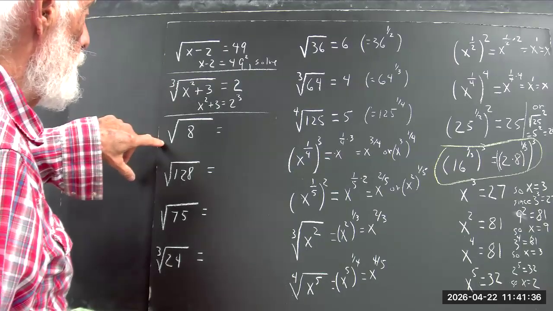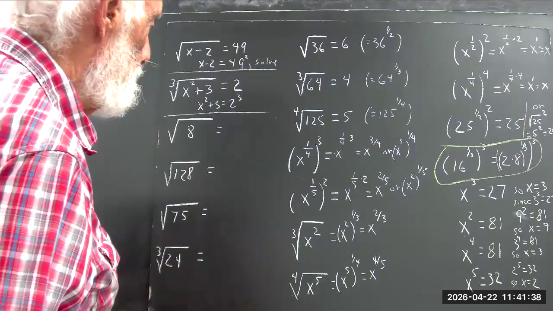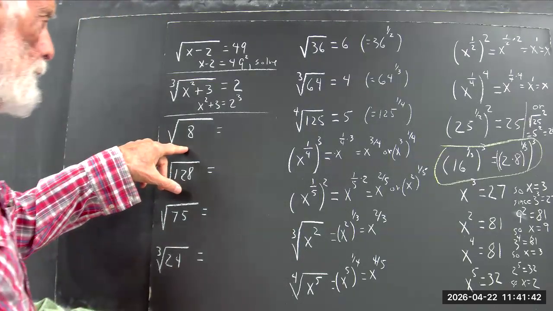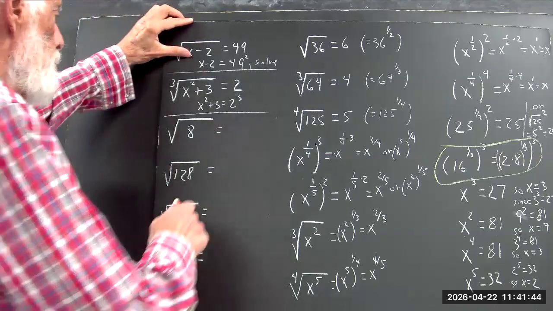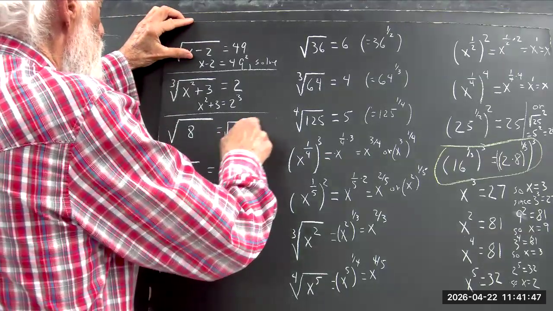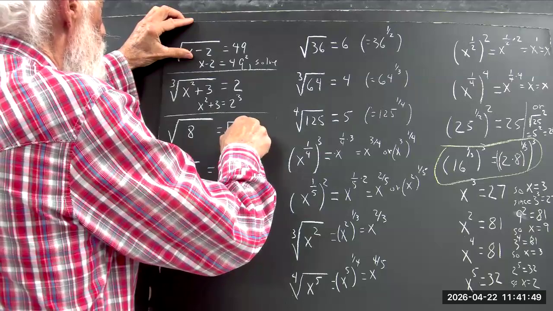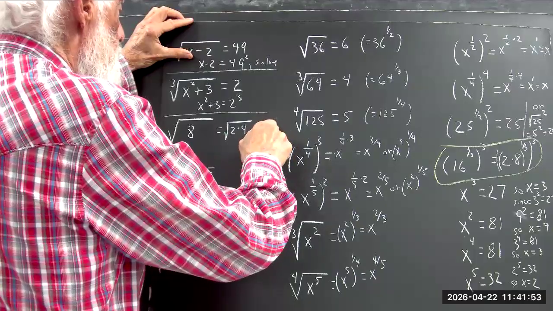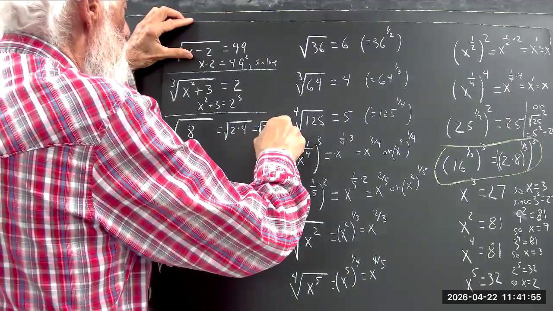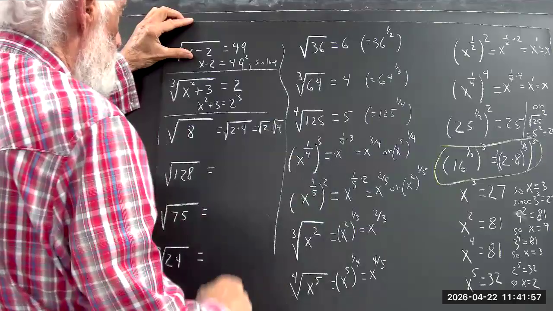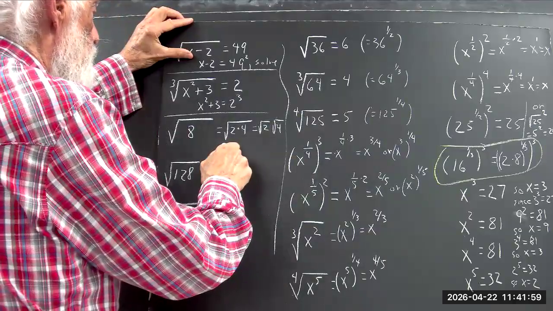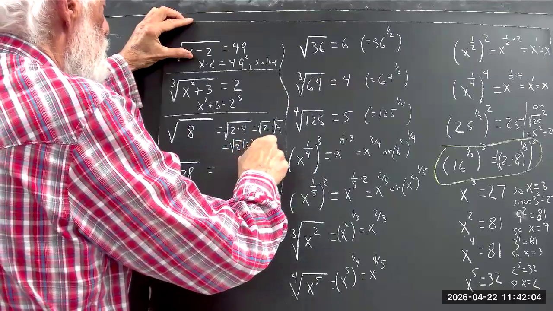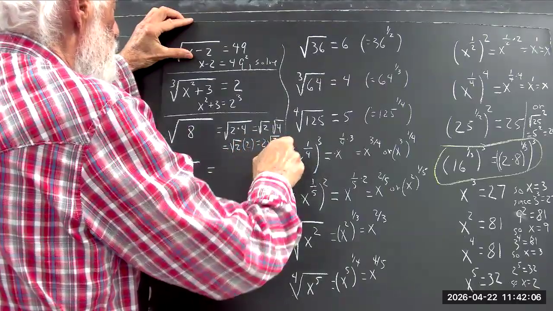Okay. What's the square root of 8? Now that's something you'd have to put into your calculator, but it can actually be simplified. This is the square root of 2 times 4, which is the square root of 2 times the square root of 4, which is the square root of 2 times 2, which we'll usually write as 2 times the square root of 2.